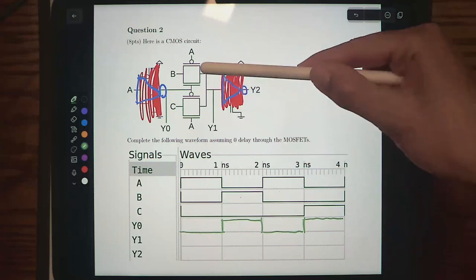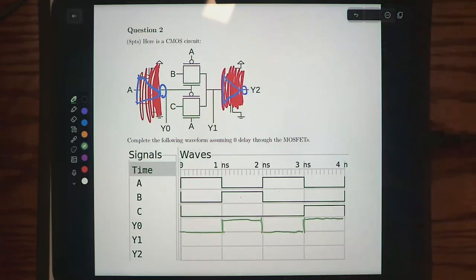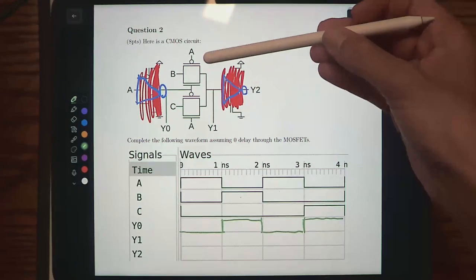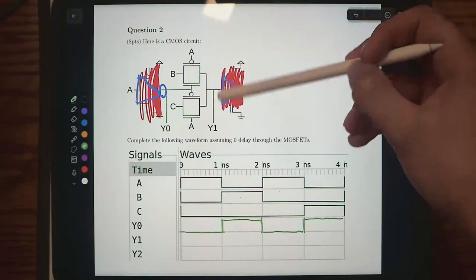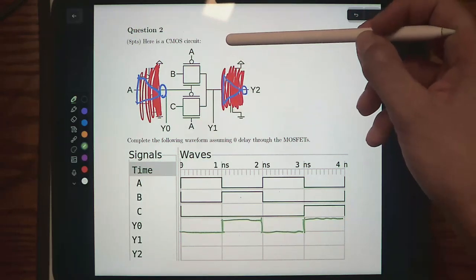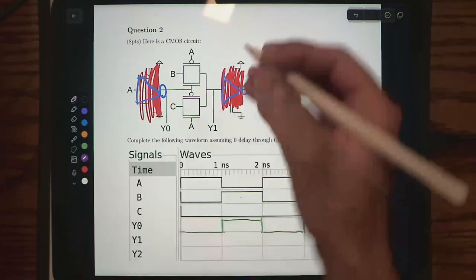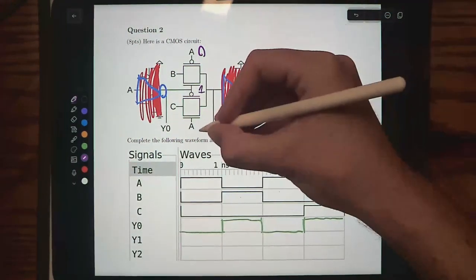But now we pass it into this thing. When A is 0, what will the output of this be? If A is 0, there would be a 0 here, a 1 right here, and a 0 right here.